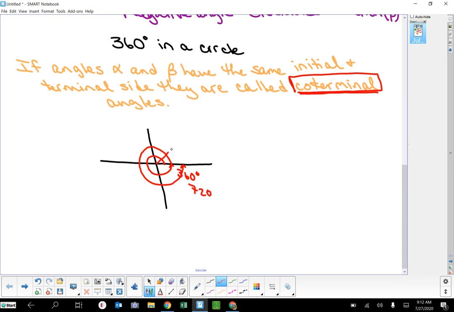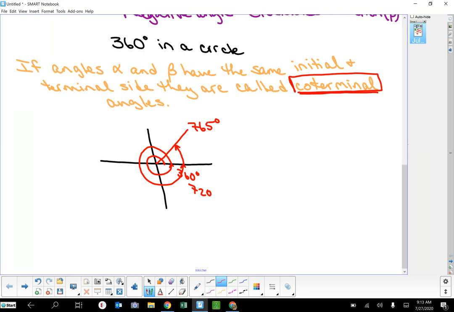And then let's say you stop here, and this is 45 degrees. So let's say 720 and 45, 765. So you might be told that this whole entire angle is 765 degrees. And then you might be asked for an angle that's less than 360 that's exactly the same.